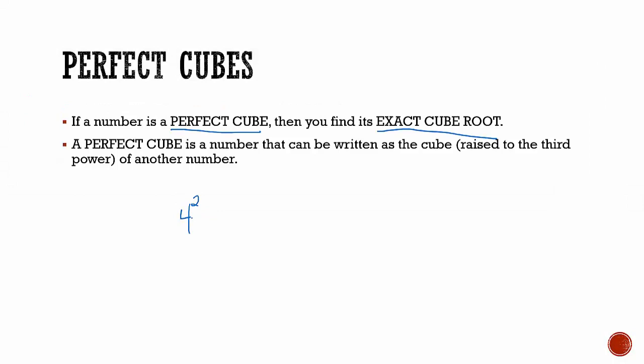So 4 squared is 4 to the second power, which is 16. Well, if we used cubes, we would find that 4 cubed, which is 4 to the third power, equals 4 times 4 times 4, which is 64.